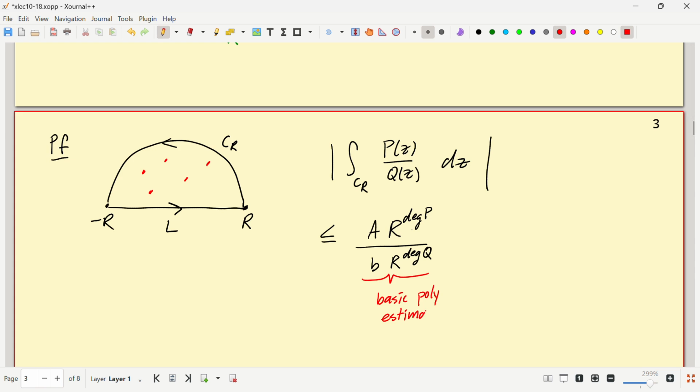Right-hand side on the top and left-hand side on the bottom, times the Jordan lemma integral. And when you do the Jordan integral, an r comes out here.